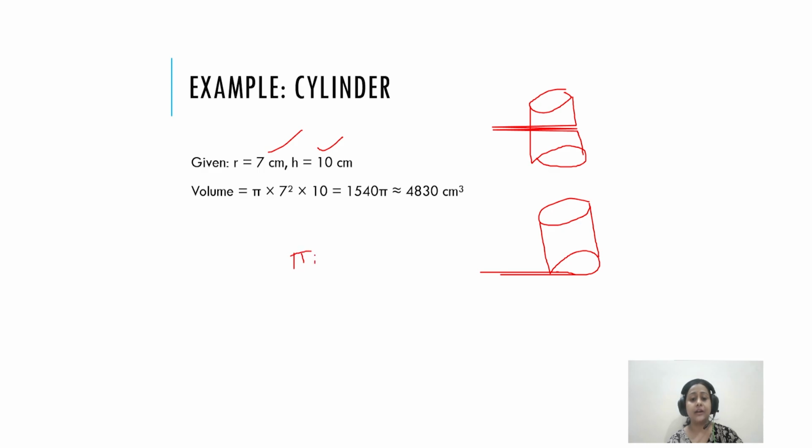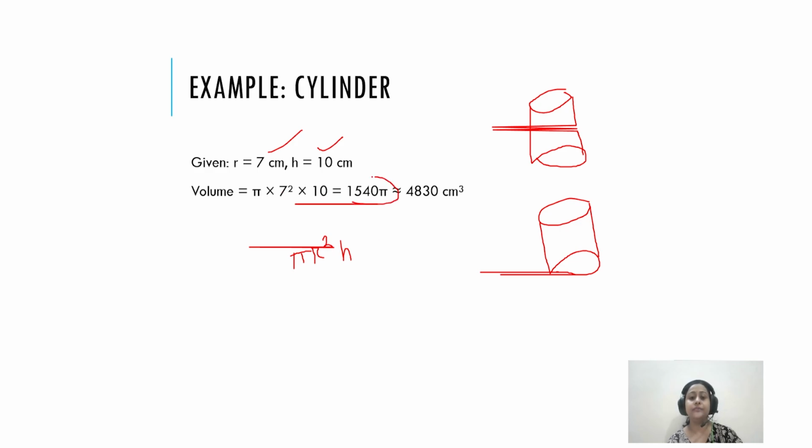The formula was pi r square h. So r square is 7 square and h is 10.